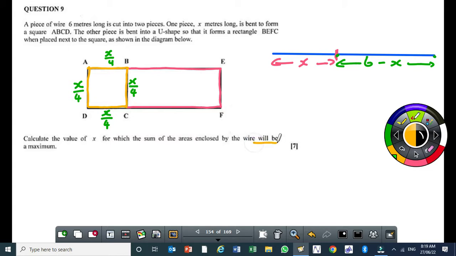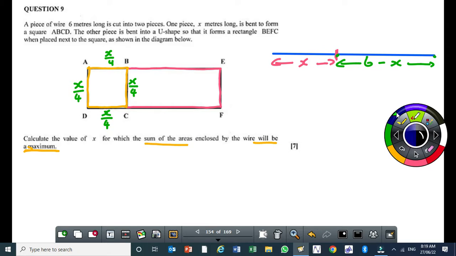Now, the fact that we've got this word maximum here, it means we have to find the derivative of an expression in terms of x. Then we equate that derivative to 0, we solve for x. Okay? But we are going to use what? The areas now.